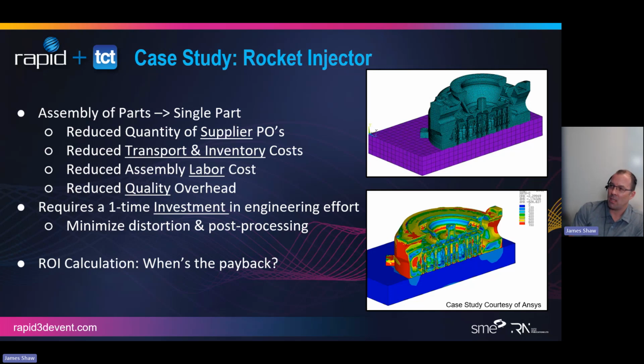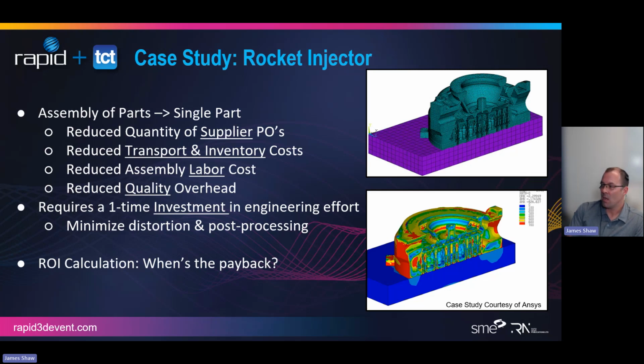And the third case study that I want to show you guys here is, we're able to take a huge amount of parts. And again, a lot of the case studies that we have right now are coming from aerospace, coming from these really expensive, really long lead item type applications, and showing the commercial world what we can do. So a lot of case studies you'll find are from aerospace.